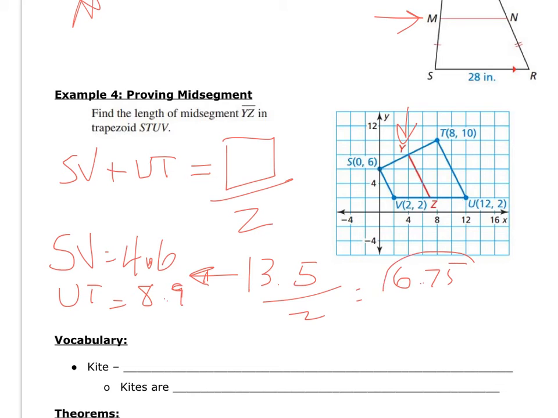And so that's what the midsegment, YZ, would have to equal. You know where the points of YZ are. Just do the distance formula with those points, and if it equals 6.75, then you know it's a midsegment because it's half the measure of the sum of the bases.